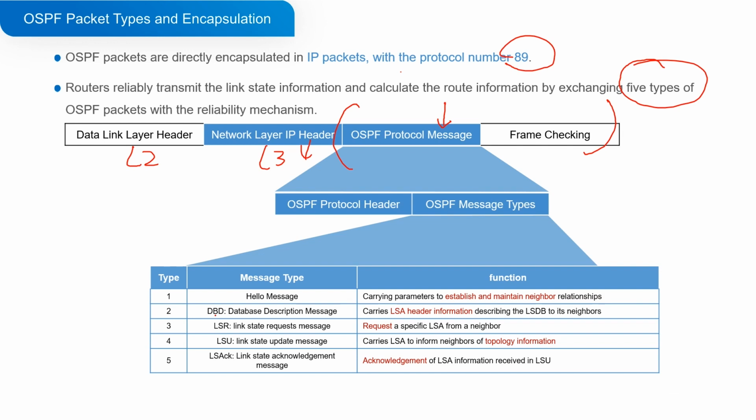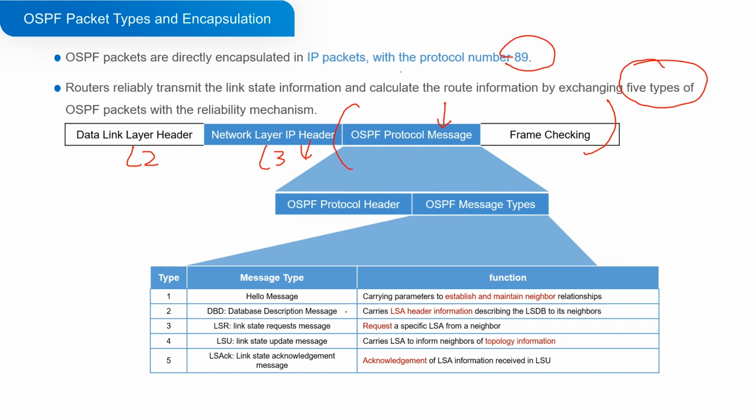And the DBD packet has the LSA header information, not the detailed LSA information. It's just the header information, describing the LSDB to its neighbors. So this is the DBD message.